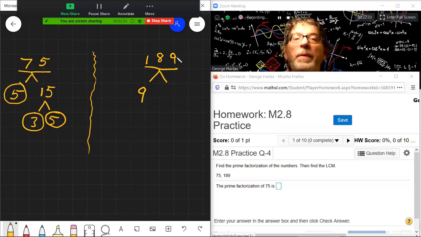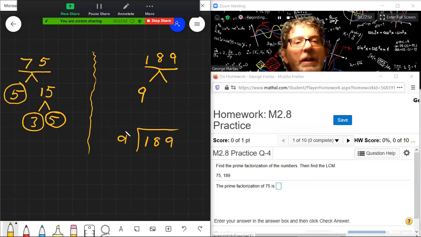Because I'm going to get a bigger reduction, right? I'm going to bring this down even more because I'm going to divide 9 into 189. So I'm going to do that right now. 9 into 189. Now, sometimes this happens, and it's nice when it happens. 9 goes into 18 2 times, nothing left over, right? 9 goes into 9 once, nothing left over. Sweet. 9 times 21 is 189.